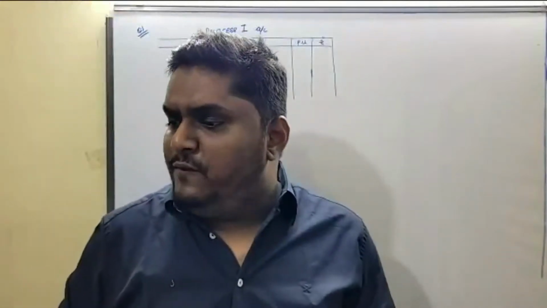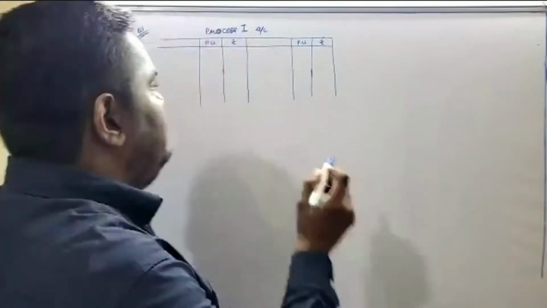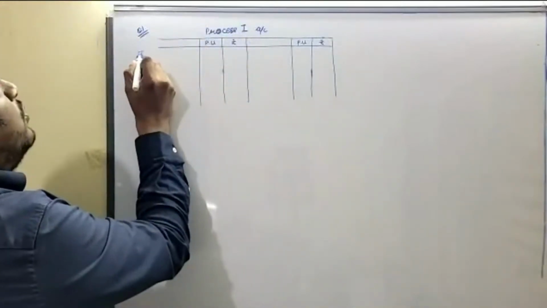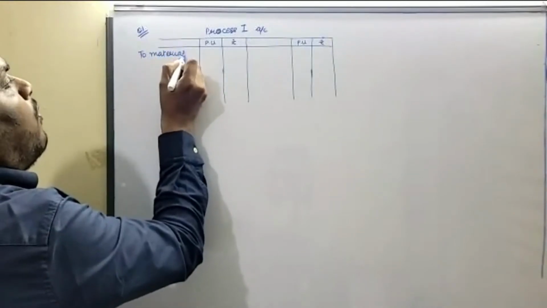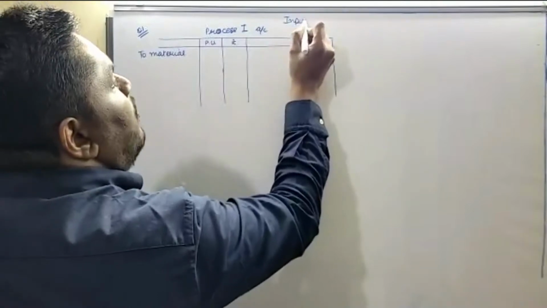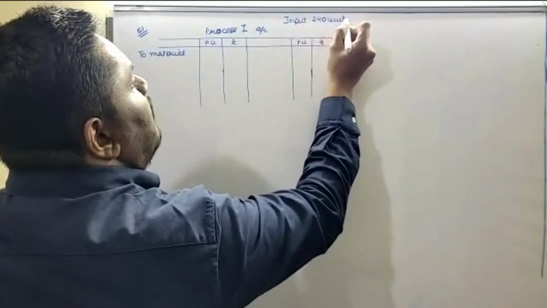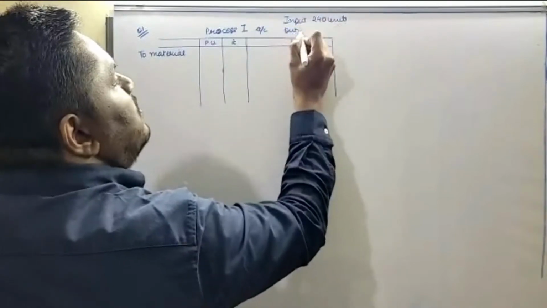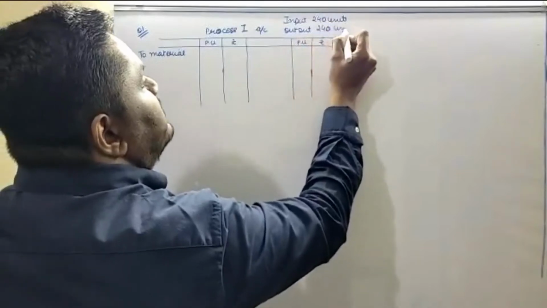So the input is 240 units, and let's assume that the material cost is 1,50,000. So to material, input is 240 units and output is also 240.